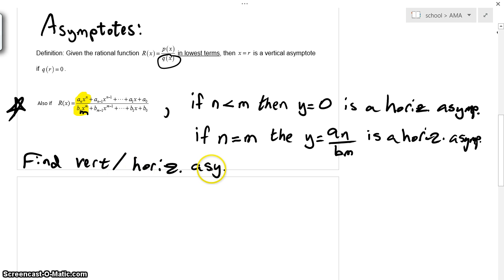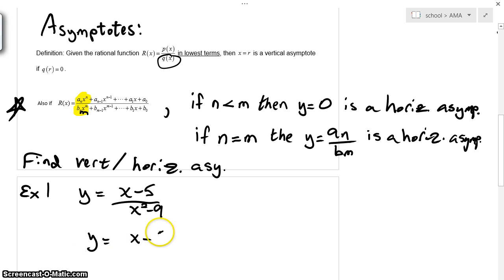But find the vertical and horizontal asymptotes of, let's say for example 1, y equals x minus 5 all over x squared minus 9. Now if we had that, you of course could factor the bottom into x plus 3 times x minus 3.